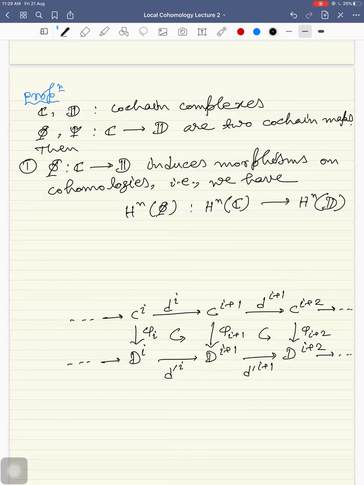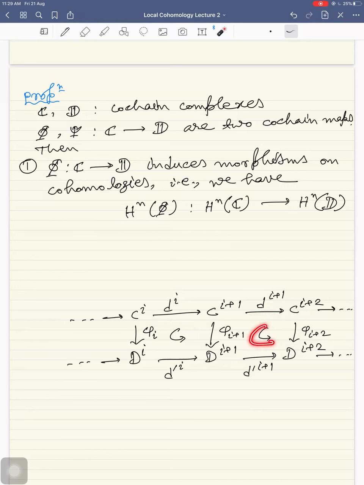For such a cochain map, this first statement is saying that you can have a collection of morphisms on the cohomology level. At this point, the cohomology is just the kernel of this map modulo the image of this map.